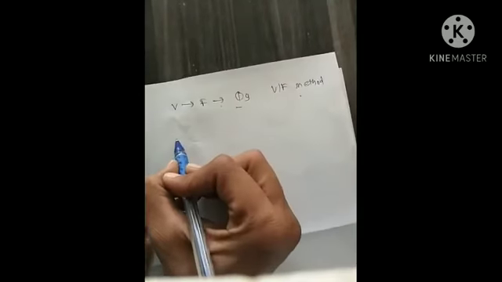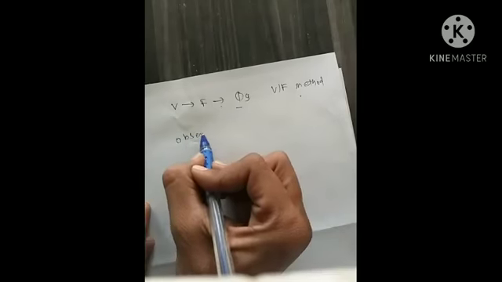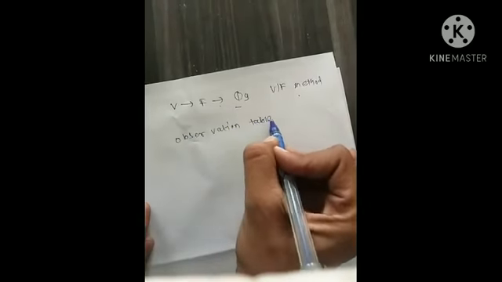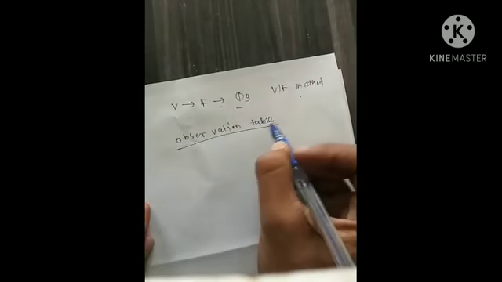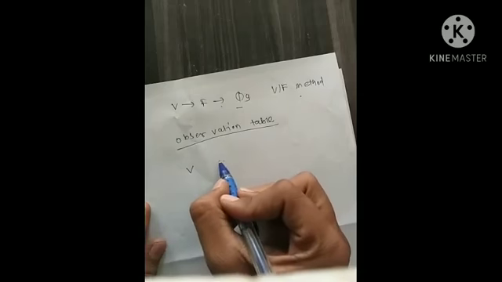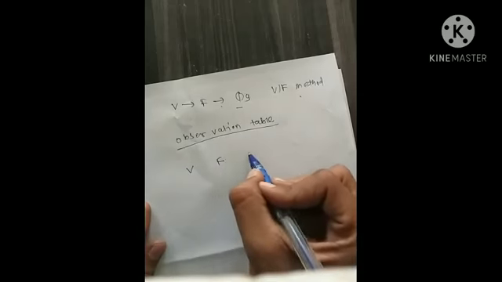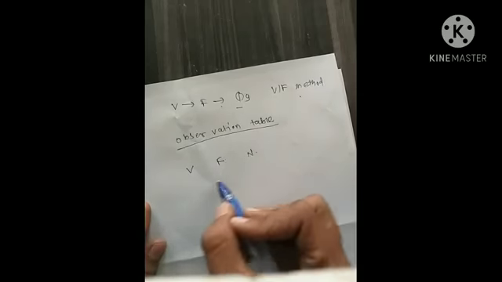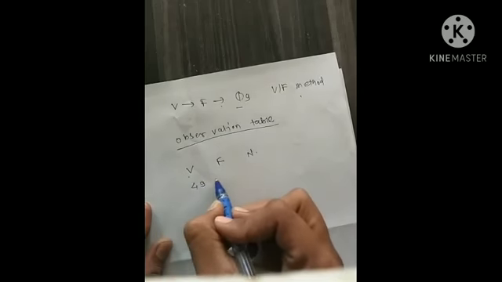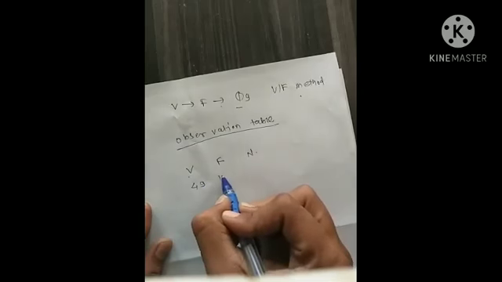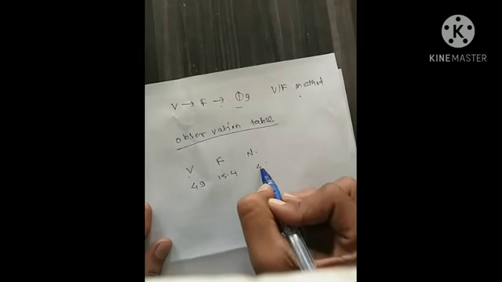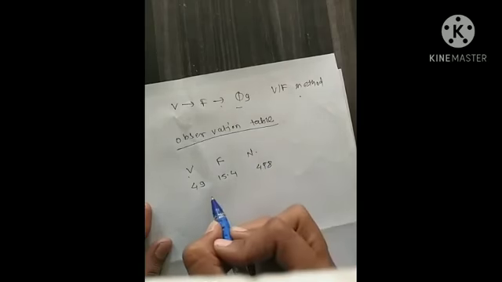Here is the observation table: V in volt, then frequency F and speed N. If the voltage is 49 volt, the frequency is 15.4 and the speed is 498.